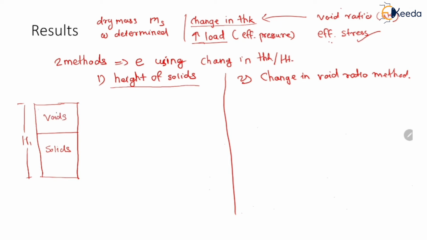So after consolidation, if we apply effective pressure sigma 1, then after consolidation the volume of voids gets reduced. So the total height of the sample becomes H and the height of the solids be Hs.